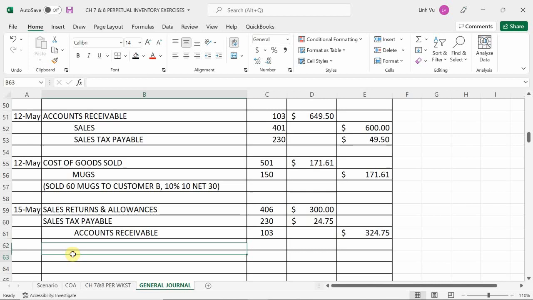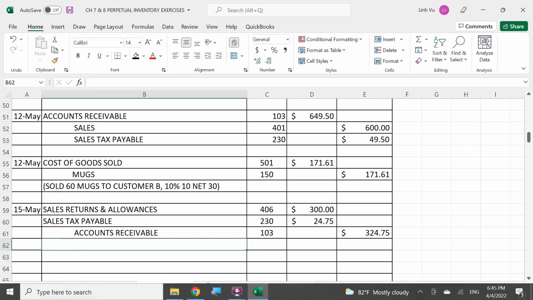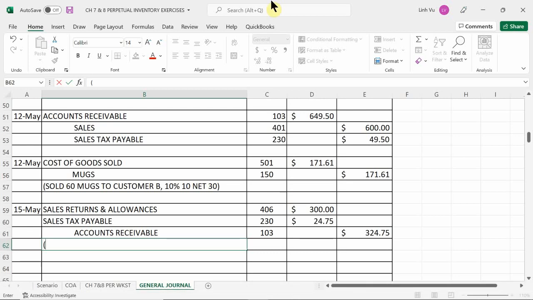And I'm going to make my note here, because this pertains to customer B's items. So customer B returns 30 mugs for full refund.